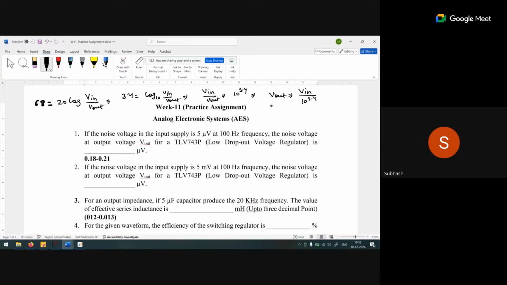No, PSRR is not in S parameters. I think the professor discussed this one. So it is 0.19 microvolt.